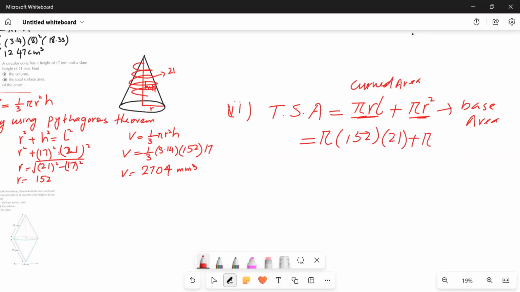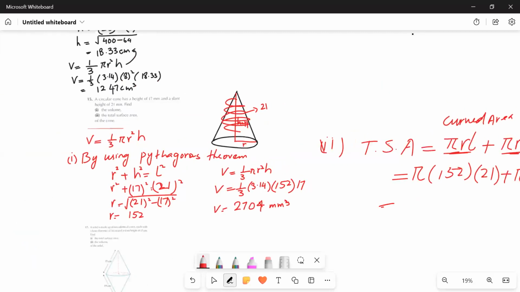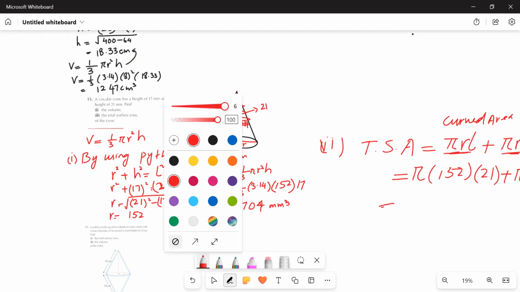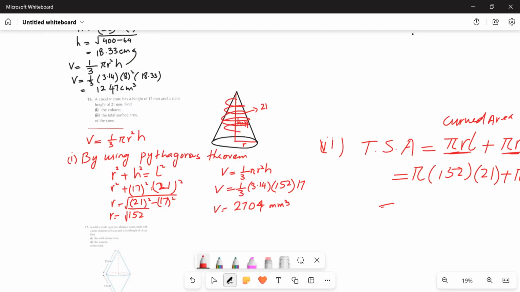Then pi r L, and r square is 152. So we are taking the square root of 152. Is it correct? You didn't take the square root of r. Take square root of r. 12.328.